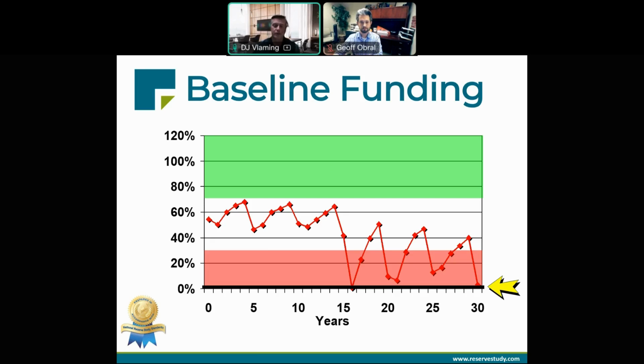Now, although it's designed to never go below zero, notice there's 9 years where the association is in that 0 to 30% weak range. If you remember from the discussion on percent funded, associations in this range have a 1 in 3 chance of needing a special assessment that year due to lack of sufficient reserve funds. So while we're designing this to never go below zero, the likelihood is this association will probably have about 3 special assessments scattered through those years.